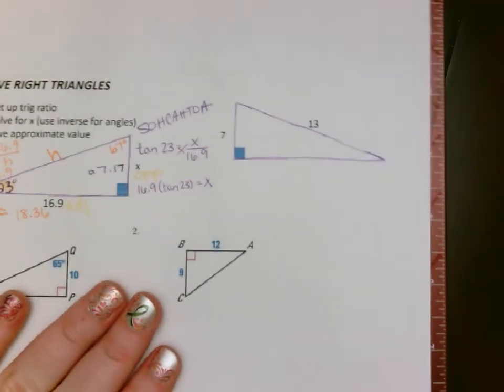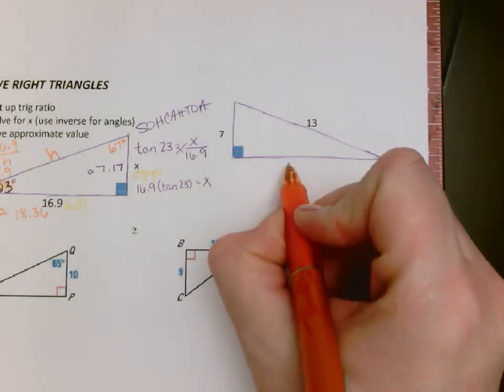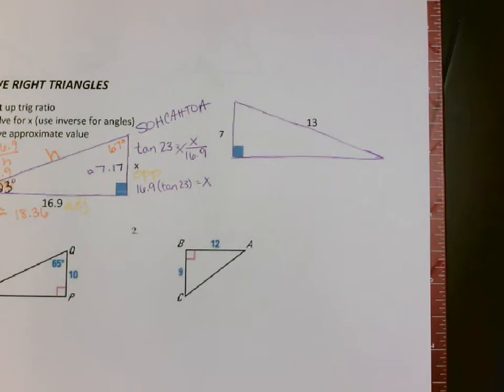So coming over here to this triangle, I have no unknown angles and I have a missing side. For this missing side, I would do the Pythagorean theorem.